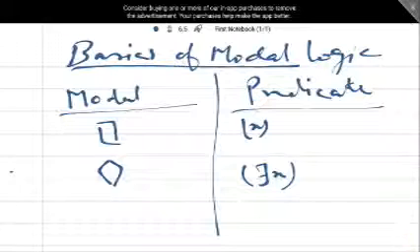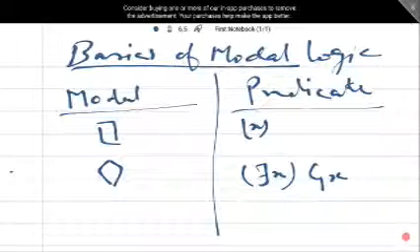Remember that a statement like ghosts exist, we used to translate it into some x, Gx. It means that there is at least one x which is a ghost.